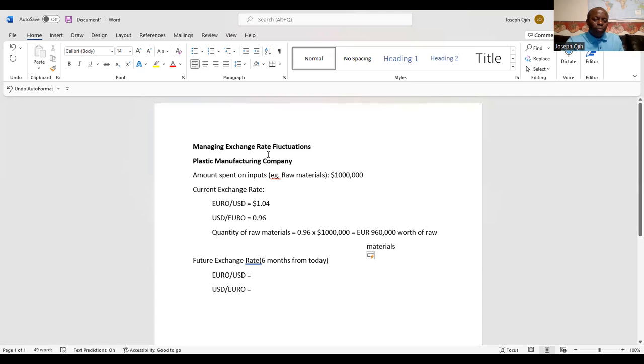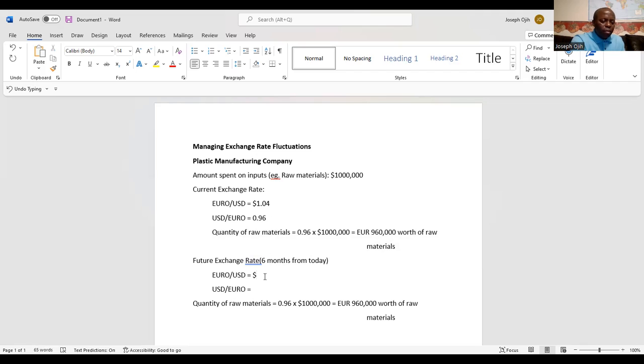Now suppose that 6 months from today, the euro appreciated. You came to buy raw material, but unfortunately for you, when you came, the euro had appreciated, and 1 euro can now buy $1.12. See, it appreciated.